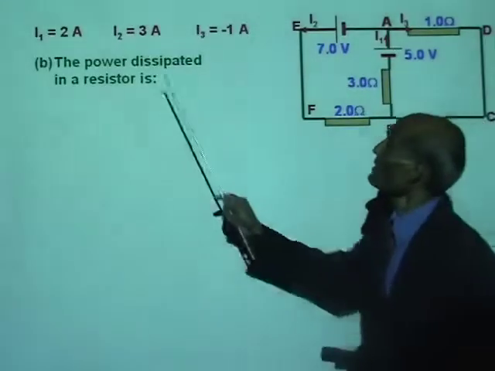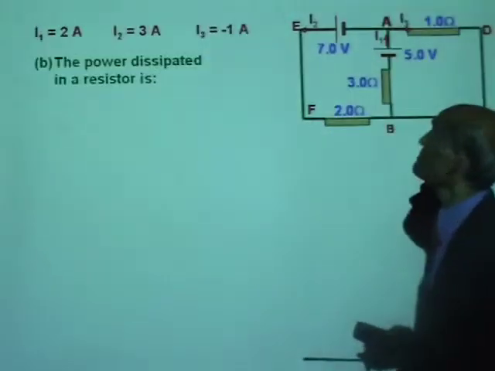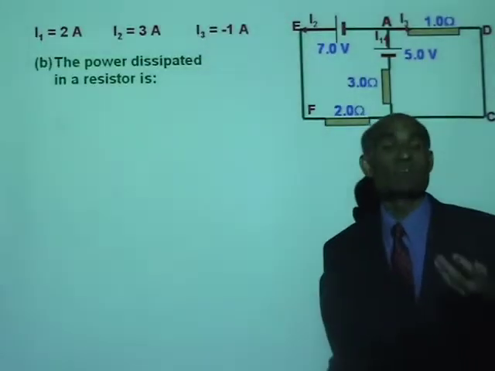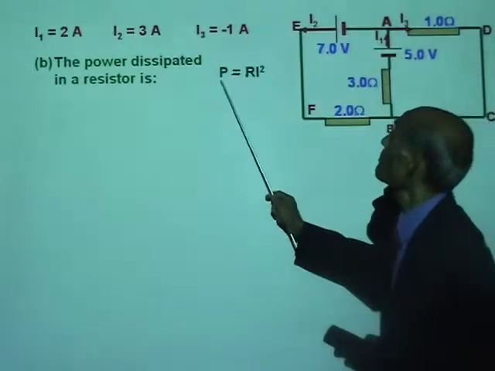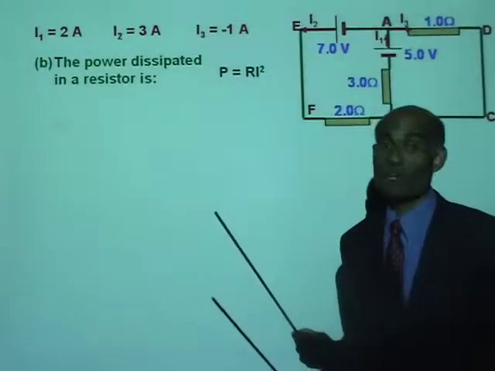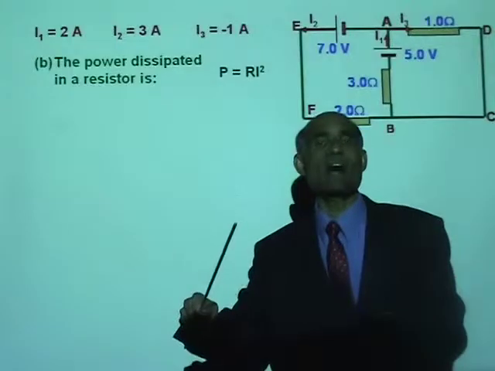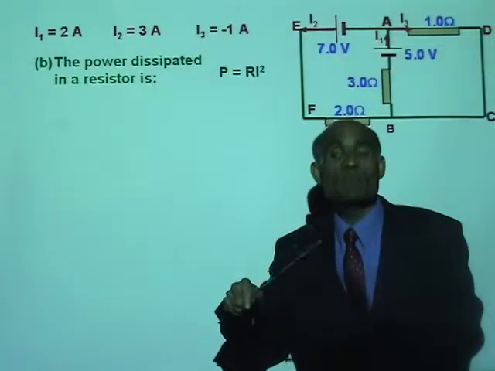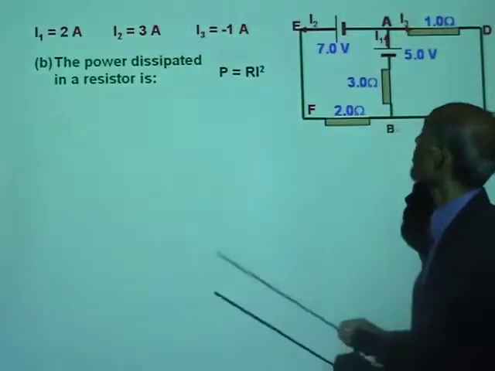Alright, what is the power dissipated in a resistor? The power dissipated in a resistor is the value of the resistance multiplied by the current squared. So P equal to RI squared. Is that right? The power dissipated is V times I. If V equal to RI, power dissipated is RI squared.